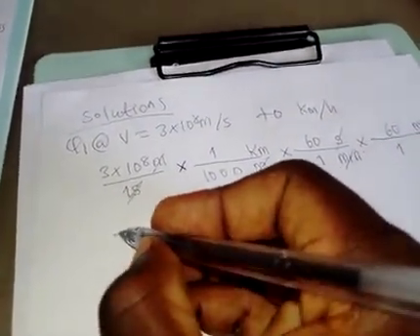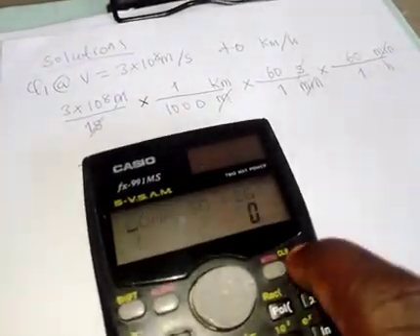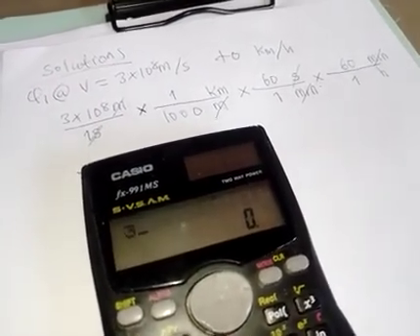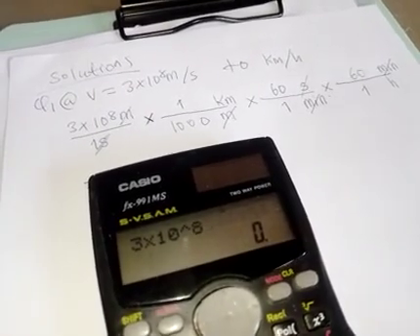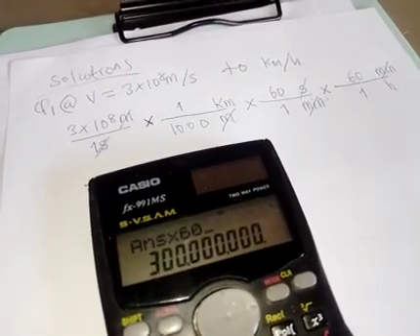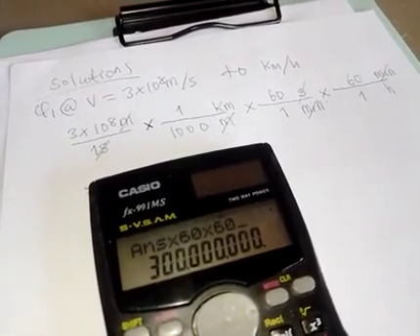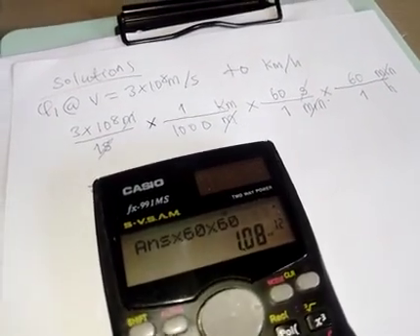So this will be equal to, let me just punch that on a calculator. I have 3 times 10 to the power 8, multiplied by 60, multiplied by another 60. So we are getting 1.08 times 10 to the power 12.